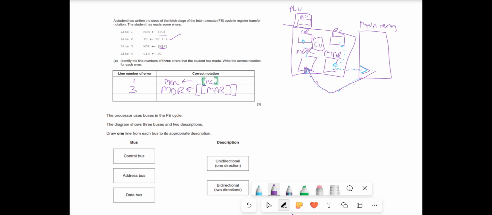So that's two things the MAR is responsible for in terms of storing data. It stores the address, and you could argue in this situation, because we're skipping out the buses, it is responsible for the data and instructions which are being fetched, and then it goes into the MDR.